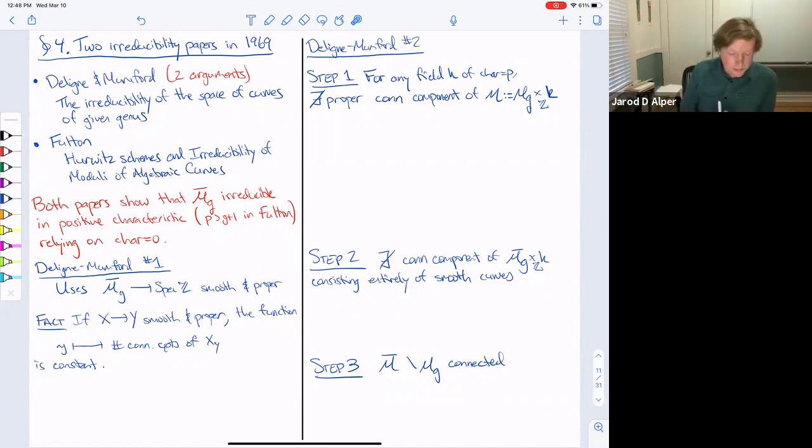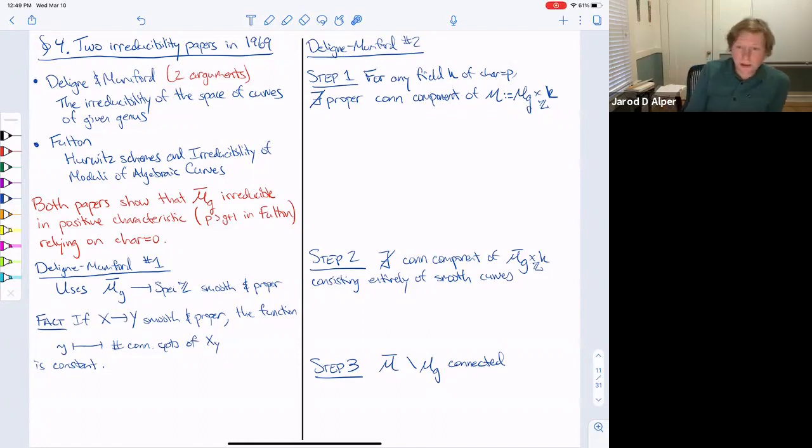And interestingly, both papers show that M_g bar is irreducible in positive characteristic by reducing it to characteristic 0. So both ultimately relied on either the irreducibility from the Teichmüller argument or this Clebsch-Hurwitz argument.